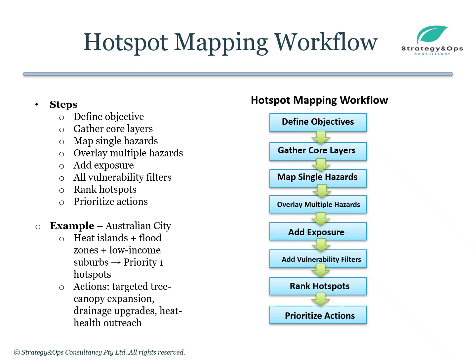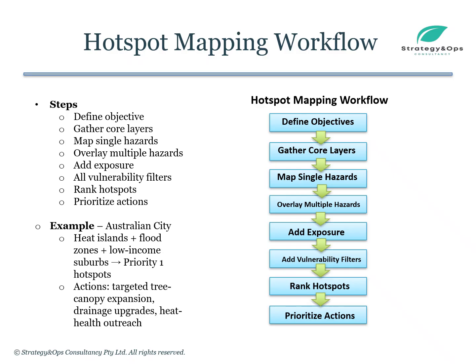Gather layers: they collected heat island data, flood-prone areas, elevation, road networks, building footprints, and census indicators for income, age, and housing quality. Map single hazards: heat maps revealed western suburbs consistently experiencing higher surface temperatures. Flood maps highlighted known flash flood corridors.